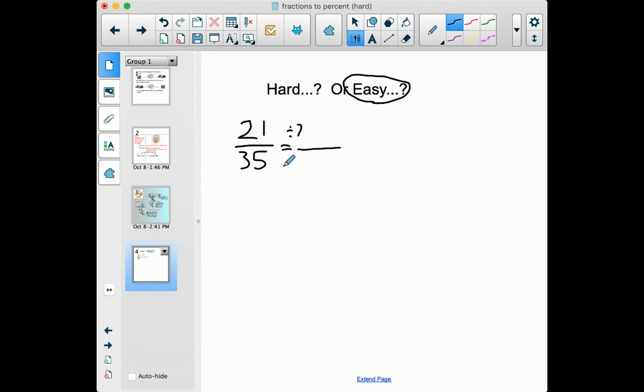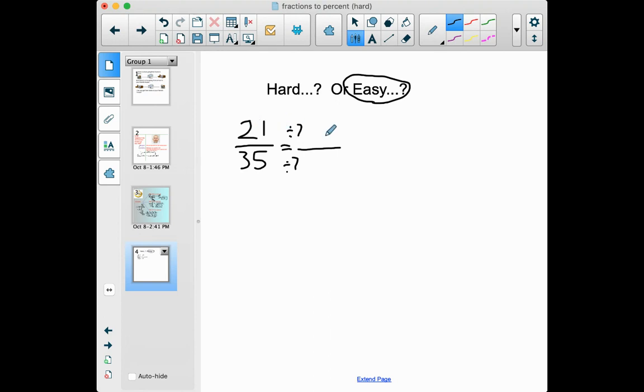Okay, and again, if you didn't see that right away, taking time to memorize your multiplication facts will help you to see that, right? I recognize 21 and 35 from when I've been doing my sevens. Okay, so you want to get to the point that you recognize those too.